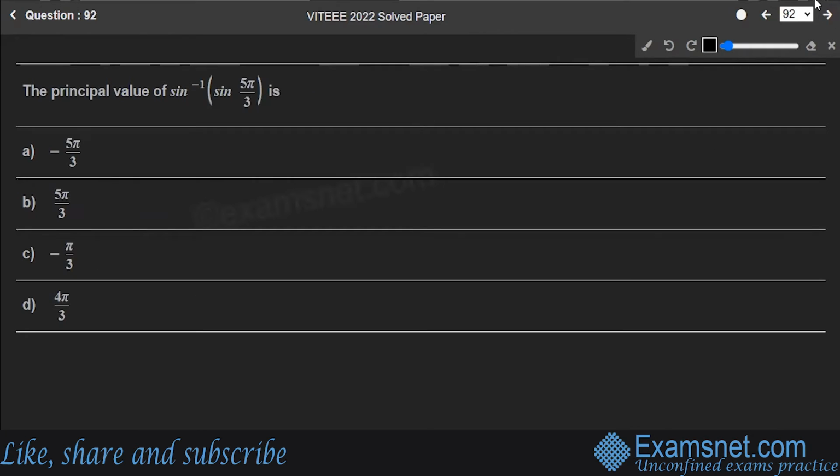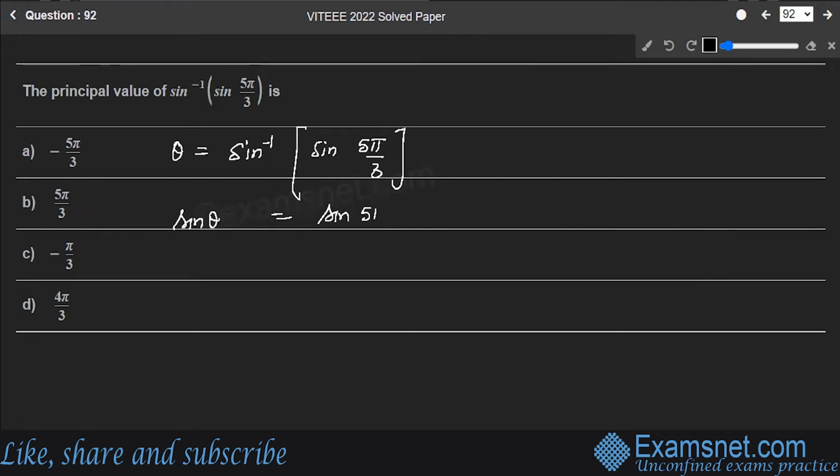You have to find the principal value of sine inverse sine of 5 pi by 3. Okay. See, now let's say this is equal to theta. Theta is equal to sine inverse sine 5 pi by 3. Here you can say sine theta is equal to sine 5 pi by 3.